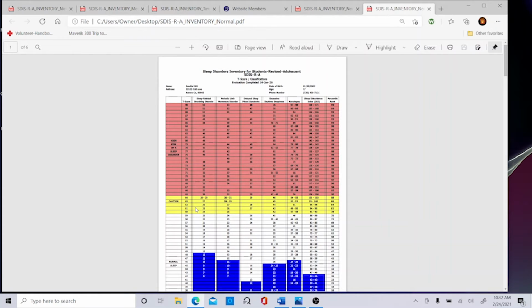The earlier you can identify and correct a sleep problem, the less severe, it's not going to get severe, and basically the student will do better in school and behaviorally and everything once this sleep problem is corrected.